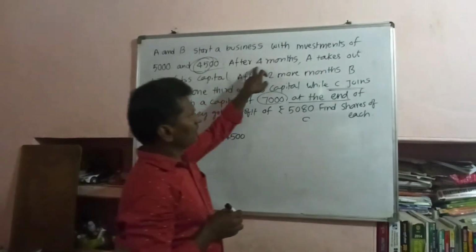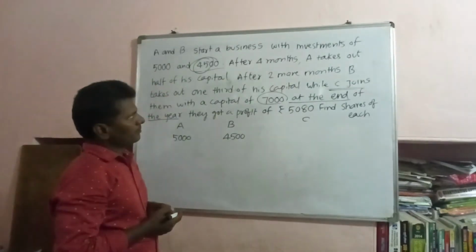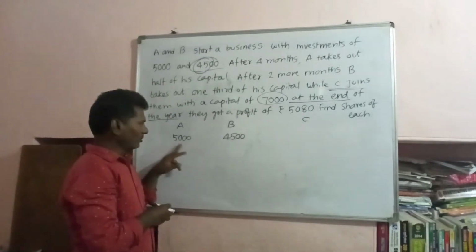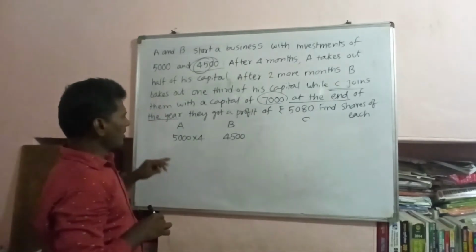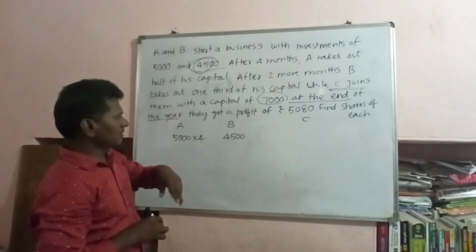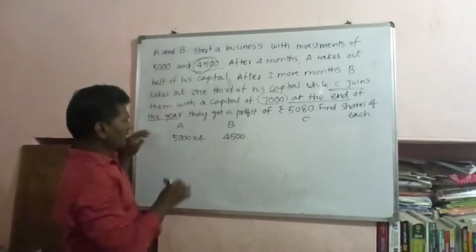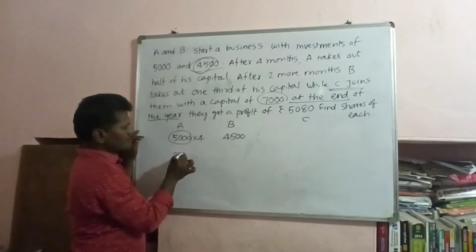After 4 months, A takes out half of his capital. That means up to 4 months, his capital was 5,000, so I am writing 4 months. After 4 months, A takes out half of his capital, that means half of this amount is 2,500.